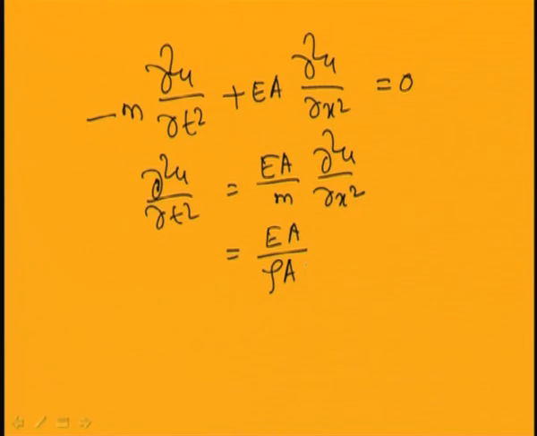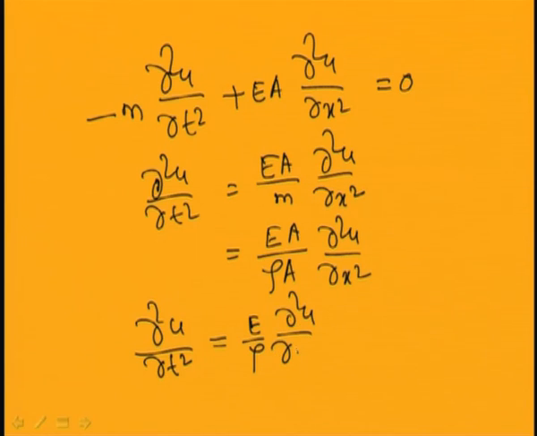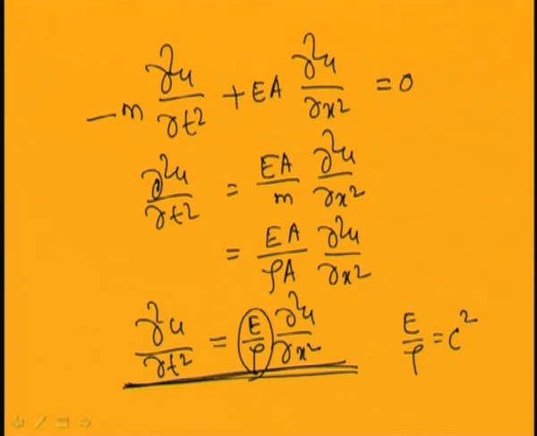If rho is the density of that rod, it will be E into A by rho into A del square u by del x square, or I can write this as del square u by del t square equal to E by rho del square u by del x square. Previously we have derived this expression and written E by rho equal to c square. So, I can write this equation in this form: del square u by del t square equal to c square del square u by del x square.